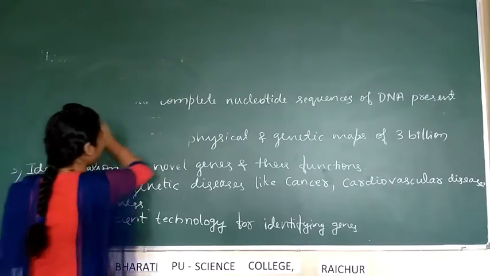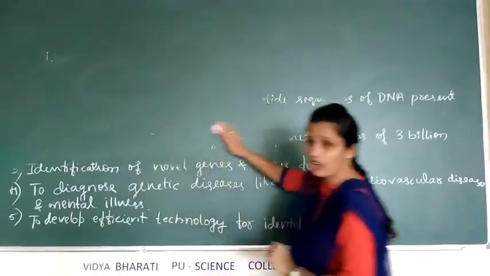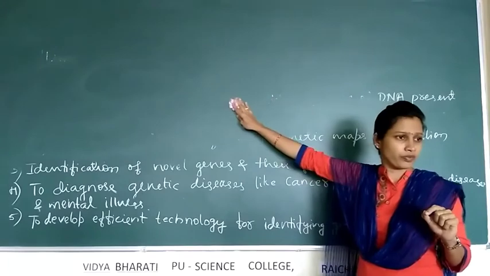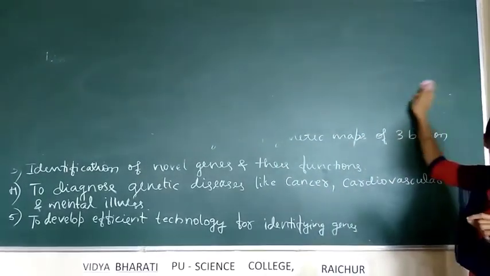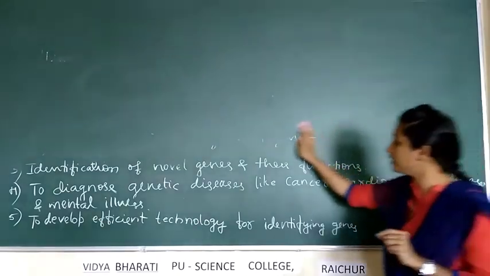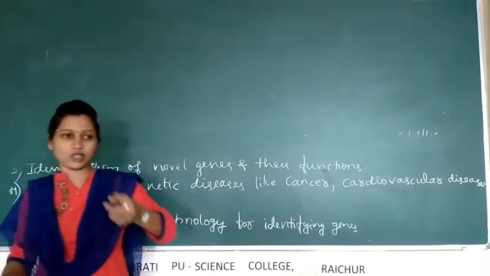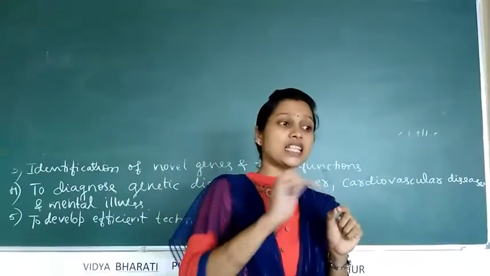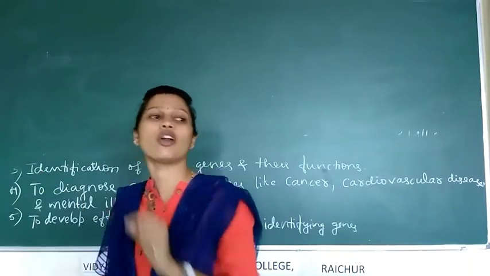By using genetic engineering, rDNA or recombinant DNA technology, we can isolate a particular gene. rDNA or genetic engineering comes under biotechnology, right? By that technology, we can take a gene of our interest and insert it into the body of another organism.